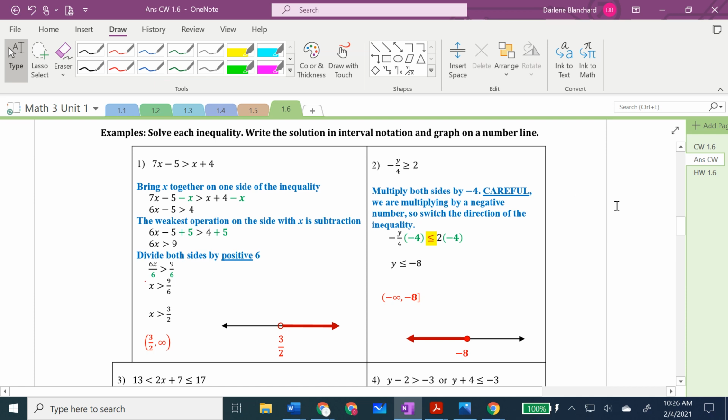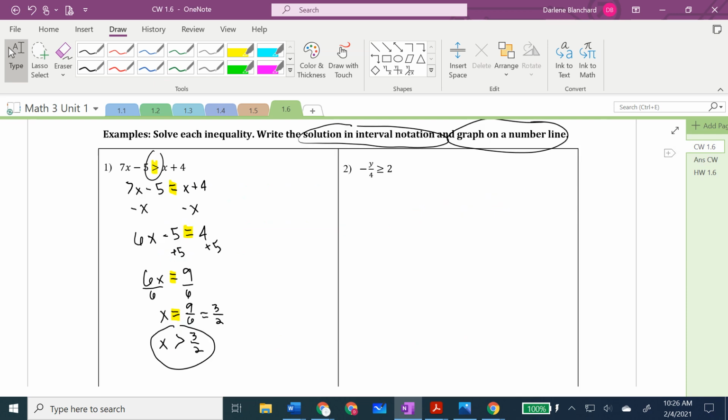Now I'm going to go back over to the classwork and just talk about if you see this in front of you. You can temporarily write that inequality as an equal to sign to stimulate your memory of how to solve equations.